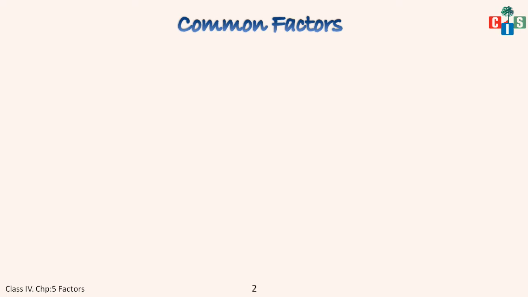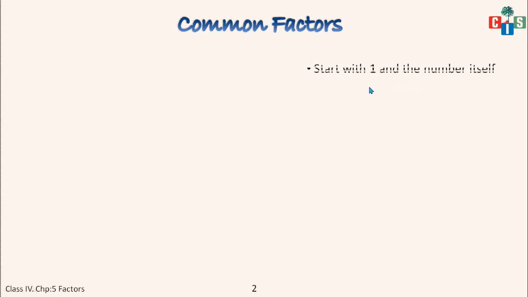This takes us to the first video, where I explained how to find the factors of any number. Do you remember what steps we have to follow? Any number will have 1 and the number itself as 2 factors. Minimum two factors are always there. So start with 1 and the number itself.